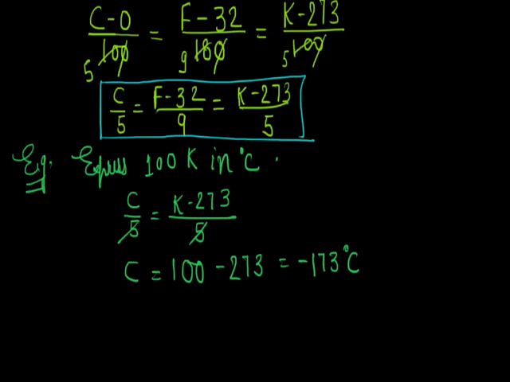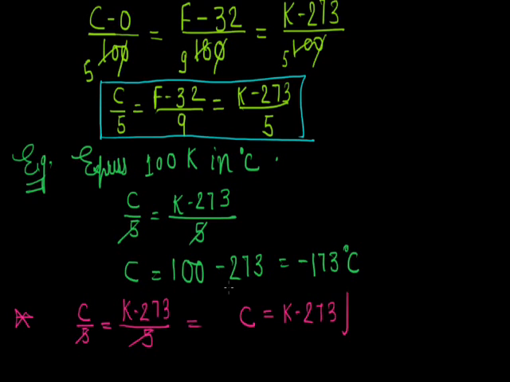Here one important thing to be noted is that from this equation we can write the relation between centigrade and Kelvin in the easiest form, which is C by 5 equals K minus 273 by 5, which means C equals K minus 273.